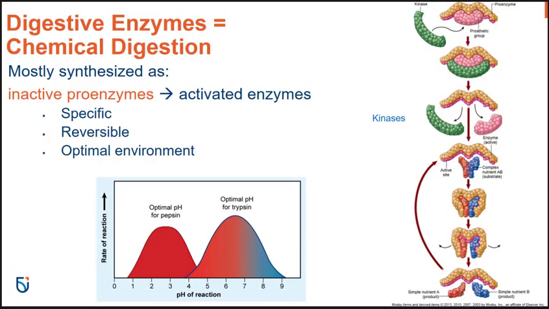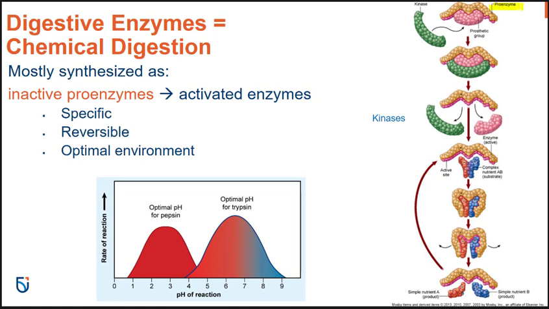When I speak about digestive enzymes, I'm speaking of chemical digestion versus mechanical digestion, which was already discussed. So we're focusing now on chemical. Most digestive enzymes are synthesized and secreted as inactive proenzymes. I'll highlight in the diagram what this inactive proenzyme looks like.